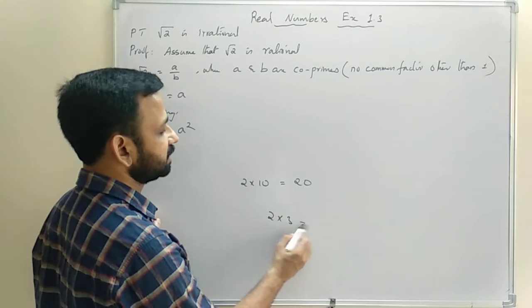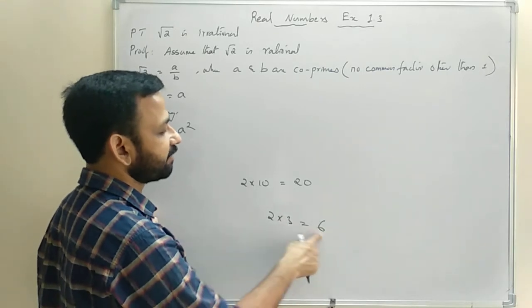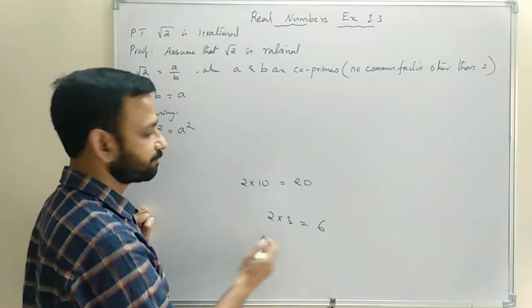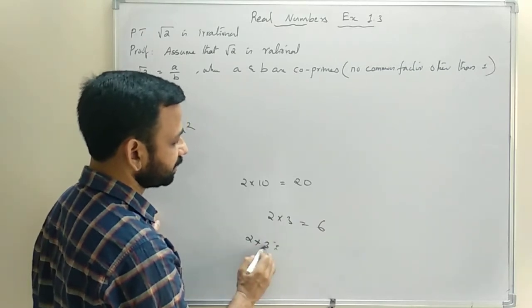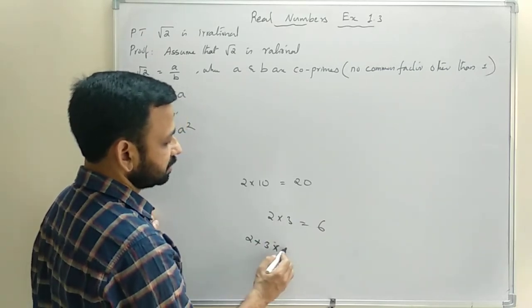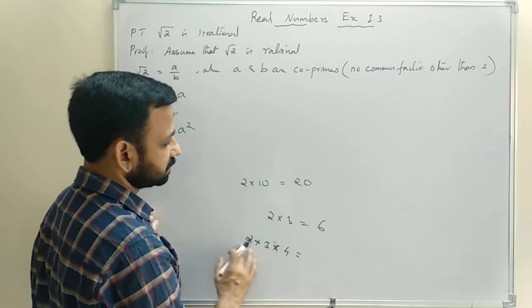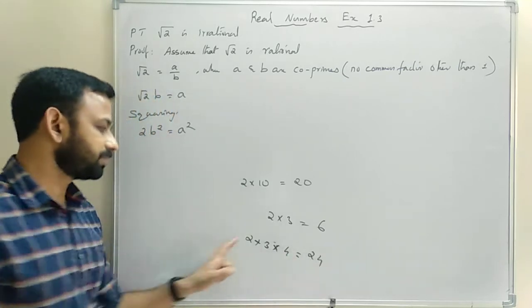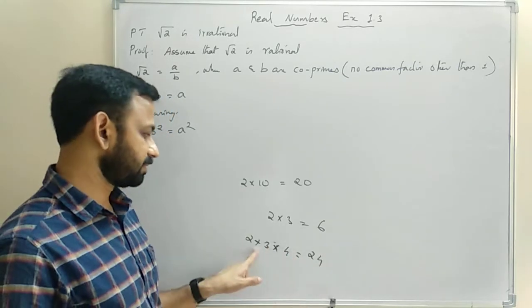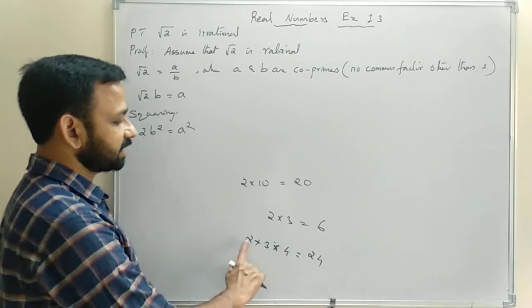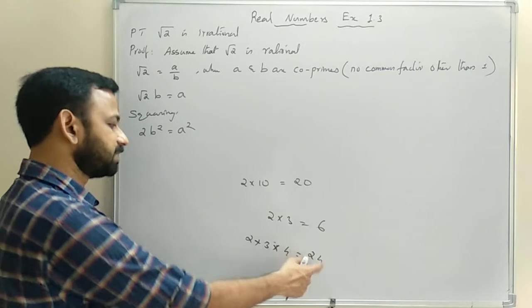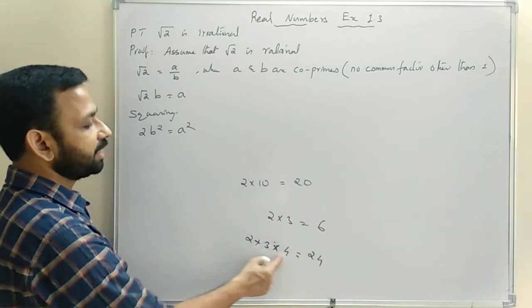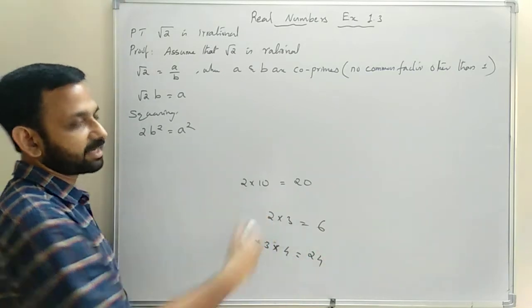Similarly, 2 into 3 is equal to 6, so we can say 3 divides 6 and 2 divides 6. And 2 into 3 into 4 is equal to 24, so we can say 2 divides 24, 3 divides 24, 4 divides 24. That means when we divide 24 by any one of these factors, the remainder will be 0.